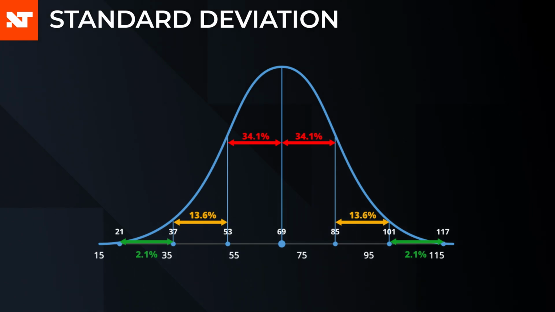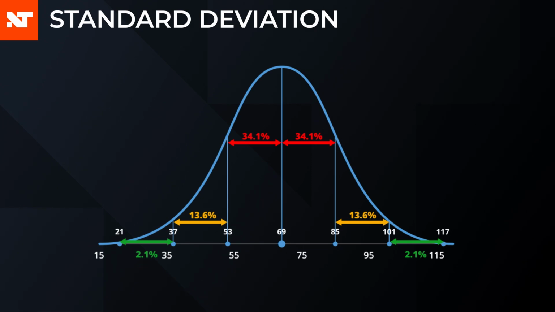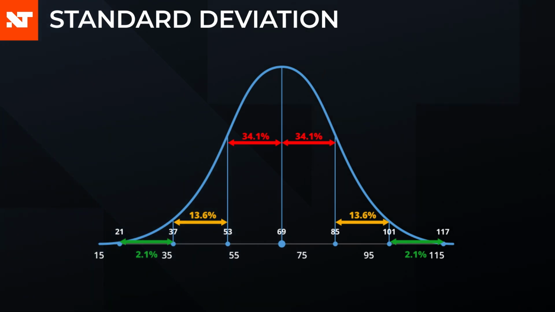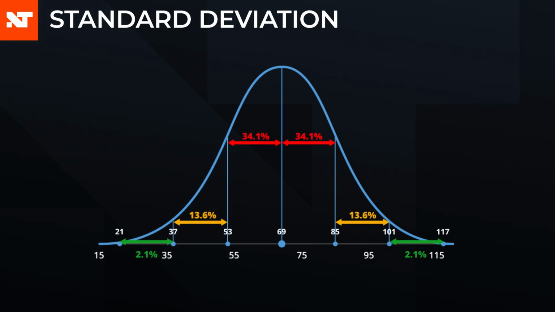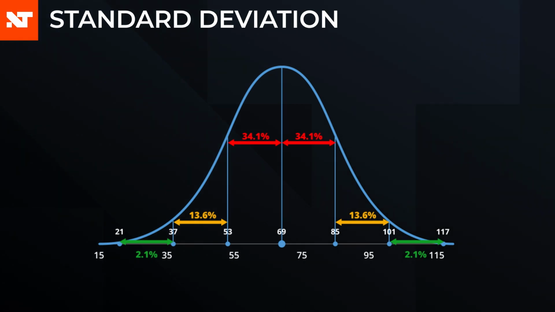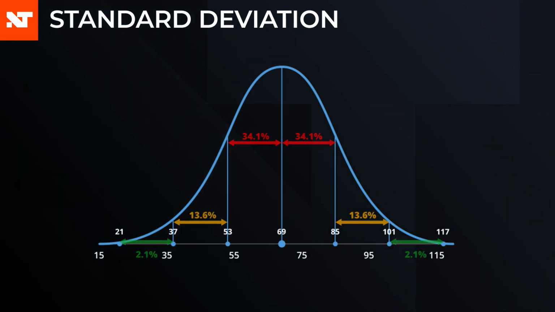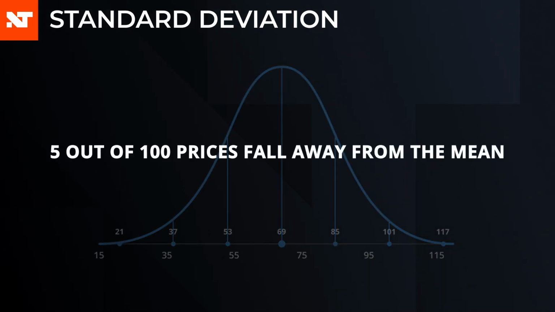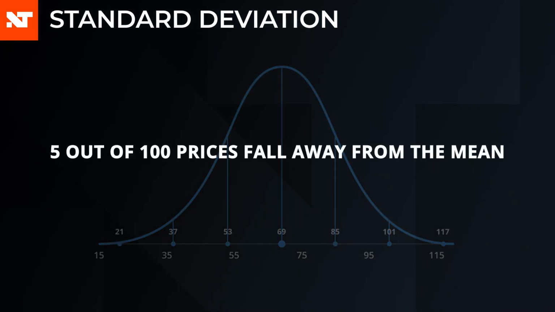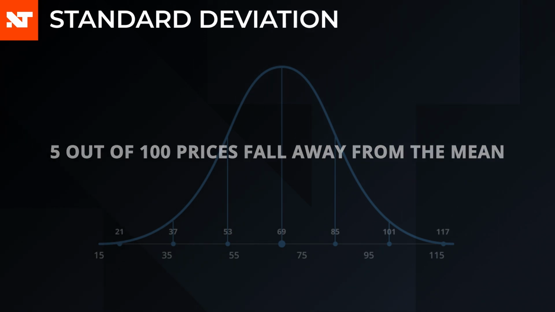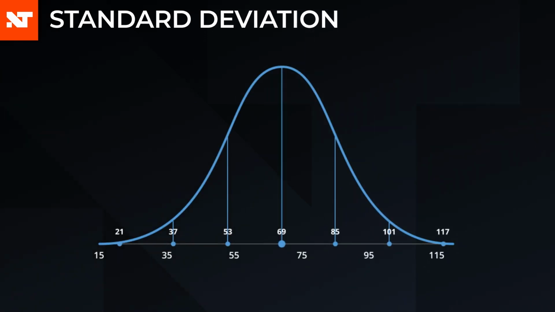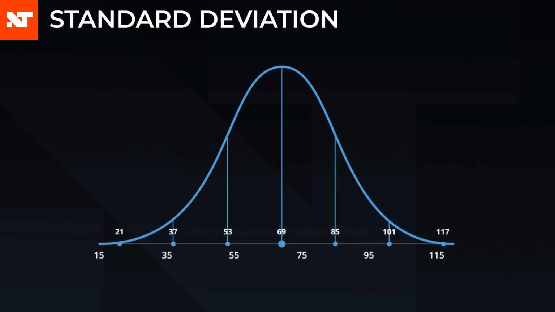So, when applied to market prices, there is a 68% probability that any one price will fall within -1 and +1 standard deviations from the mean, and that 95% of all prices should fall within -2 to +2 standard deviations. Another way to look at two standard deviations would be to say, only 5 out of 100 prices would fall this far away from the mean, so a pretty rare event, and a possible strong support or resistance level.